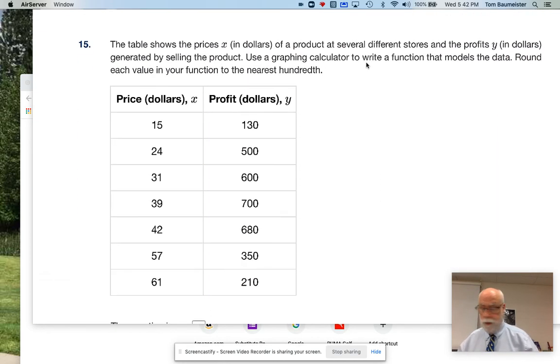All right, and the last one shows the table of prices X in dollars of a product at several different stores and the profits Y in dollars generated by selling the product. Use a graphing calculator to write a function that models the data and round each value in your function to the nearest hundredth.